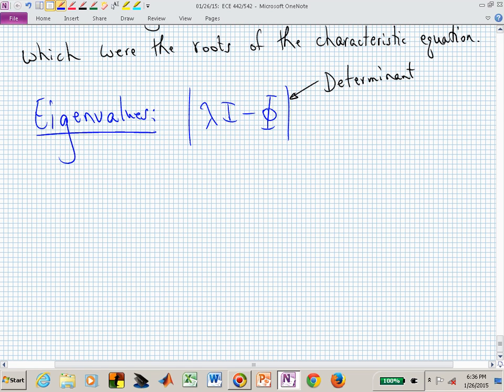Phi was 2 by 2, it was square. The identity matrix, that capital I, is a square matrix that's diagonal with ones on the diagonal, and it's 2 by 2. So we now have the determinant of lambda times the identity matrix minus phi.